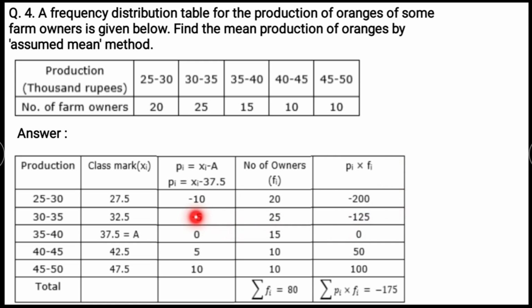So we write the product: minus 10 with 20 which is minus 200, minus 5 with 25 we get minus 125, 0 with 15 we get 0, then 5 into 10 we get 50, 10 into 10 we get 100. So we add all these, that is summation of pi fi which is minus 175.